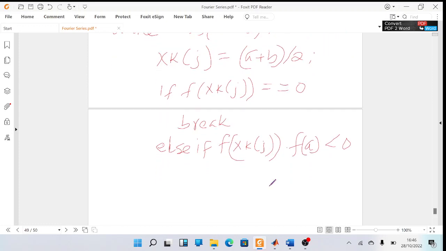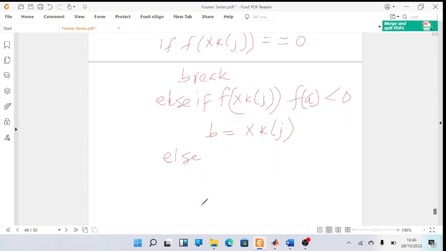So I need to set b to be equal to xkj. Otherwise, if this quantity is not negative, then the root does not lie in this interval.